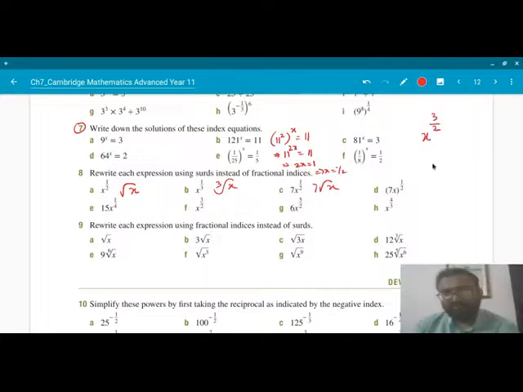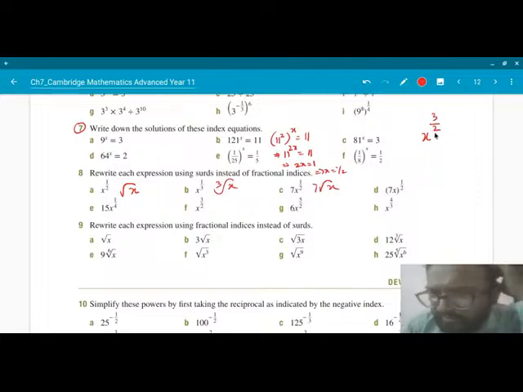Okay, x to the power of 3 over 2. When the numerator is greater than the denominator, we call it an improper fraction, and there is an integral part in that case. That can be easily converted into a mixed fraction. So it is x power... okay, no problem.